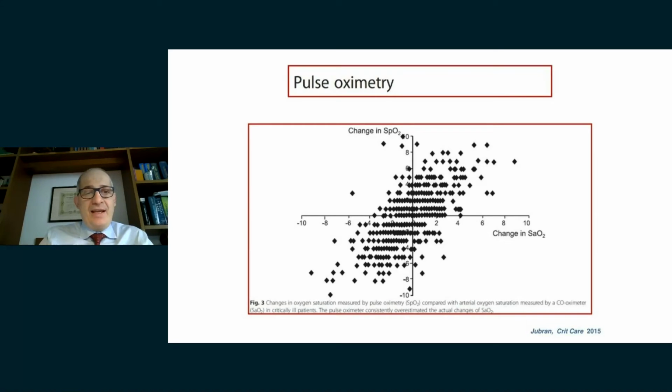There is not a very good relationship between the change in arterial saturation obtained by pulse oximeter and the change obtained by blood gas analysis. And the pulse oximeter always overestimates the gold standard, in this case the blood gas analysis.